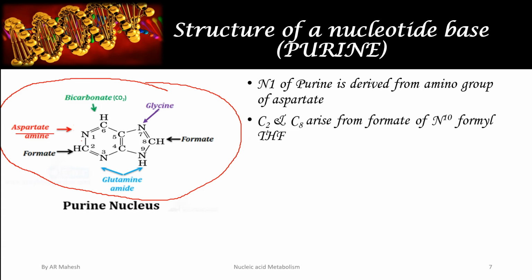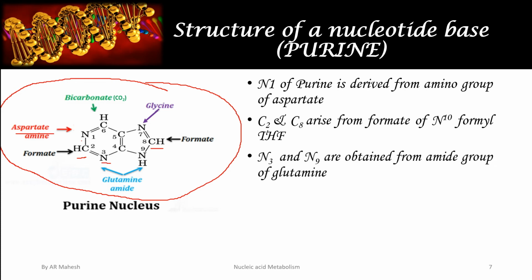Coming to carbon atom number 2 and carbon atom number 8, these two carbon atoms are derived from N-formyl THF. Nitrogen number 3 and nitrogen number 9 are obtained from the amide group of glutamine.